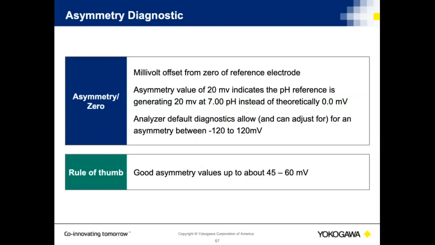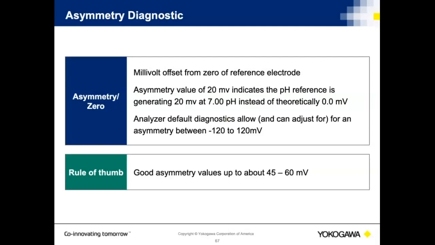Asymmetry, or symmetry 0. What it's looking at, remember the equation that said E equals E sub 0 plus the output of the measuring electrode. Well, that E sub 0 is going to change with time. And that E sub 0, I cannot make an identical reference electrode.